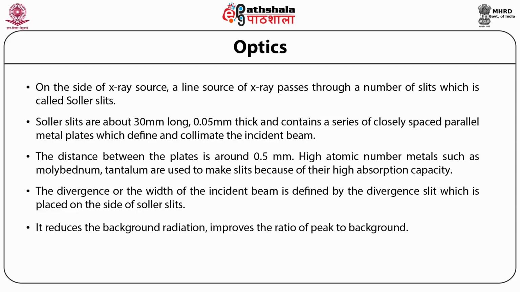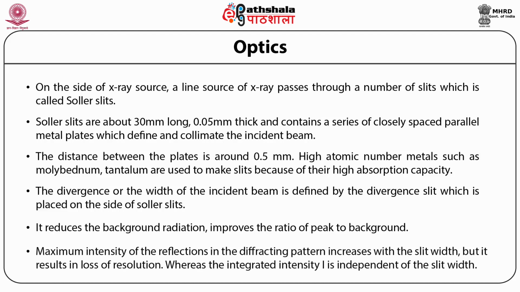Then the beam converges to the receiving slit, which defines the width of the beam admitted to the detector. Maximum intensity of the reflections in the diffraction pattern increases with the slit width, but it results in loss of resolution, whereas the integrated intensity I is independent of the slit width.